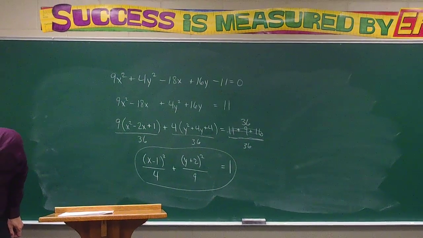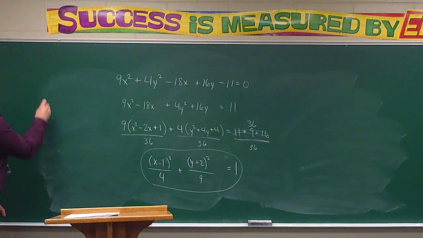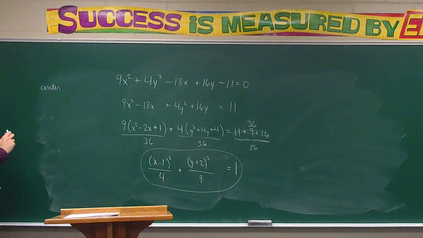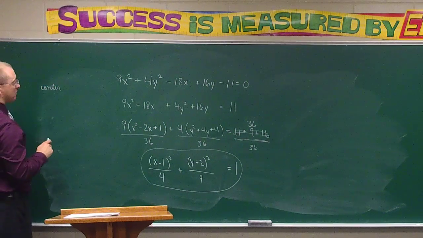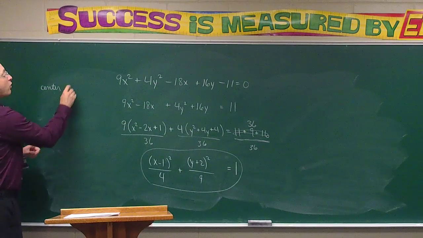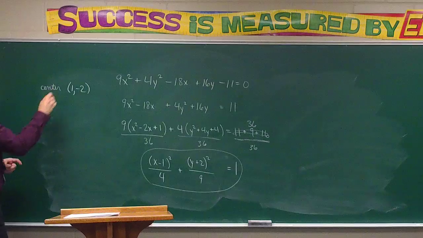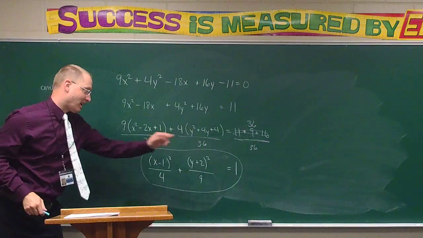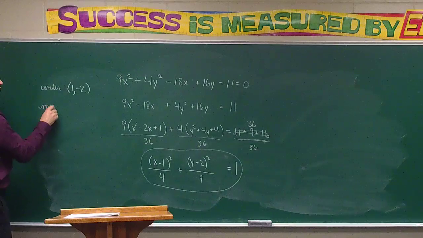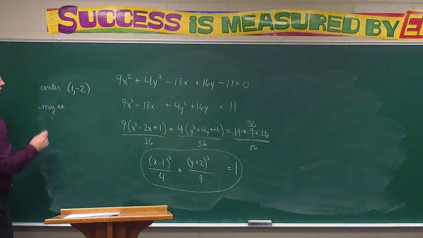All right, so at this point then, we're ready to go and analyze this thing. We want to know, where is the center of the ellipse? X1, Y1. Negative 1, 2. Careful. 1, negative 2. Right, remember the form calls for a negative, so if we see a negative, it's positive. If we see a positive, it's negative. I kind of can think opposites there. Which axis is the major axis going to be along?